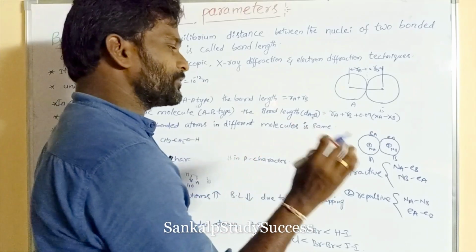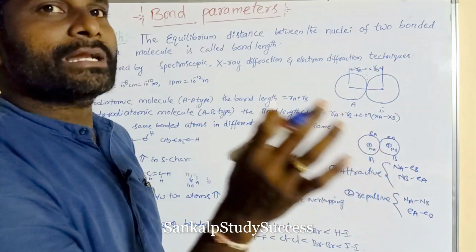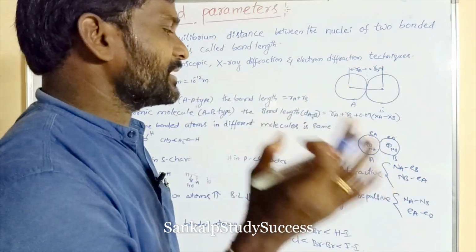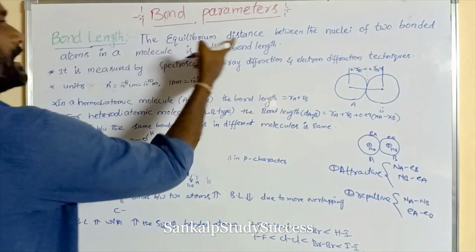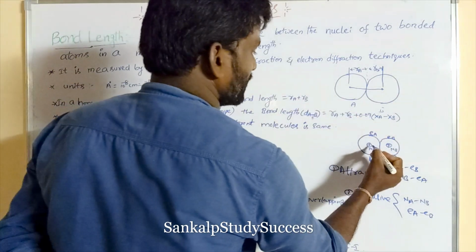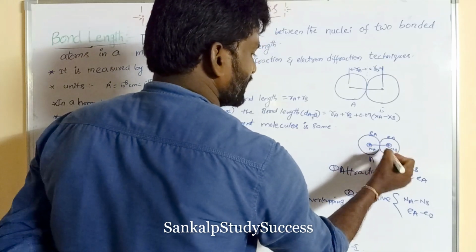When the attractive force between the atoms is equal to the repulsive force between the atoms, then the atoms are at the equilibrium distance. This is the distance between the nuclei of two bonded atoms.